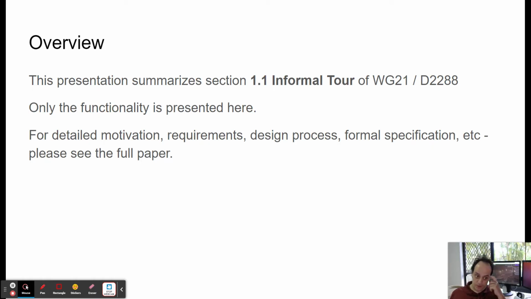We're just going to give an introduction to the functionality. Only the functionality is presented here. If you're interested in the motivation, requirements, design process, the formal specification, and so on, please see the full paper.